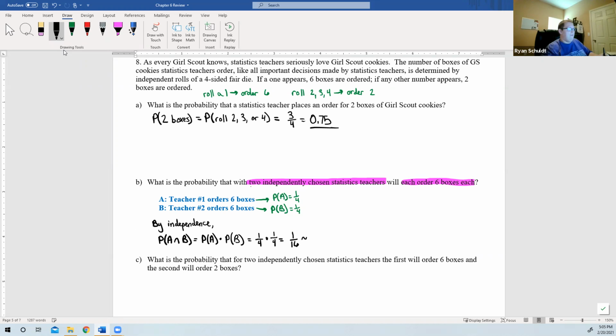Or as a decimal, for 1/16 there's no approximate. It is exactly 0.0625. That's why, by independence, we can state this.